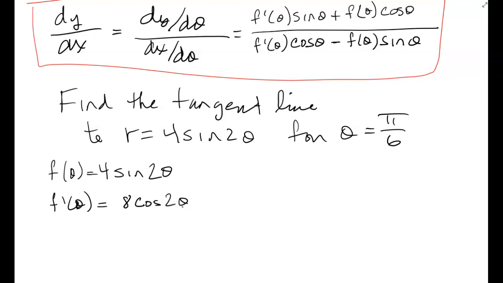Now, to make this job a little bit easier, I'm going to go ahead and evaluate a few things. I'm going to evaluate what f of pi over 6 is.